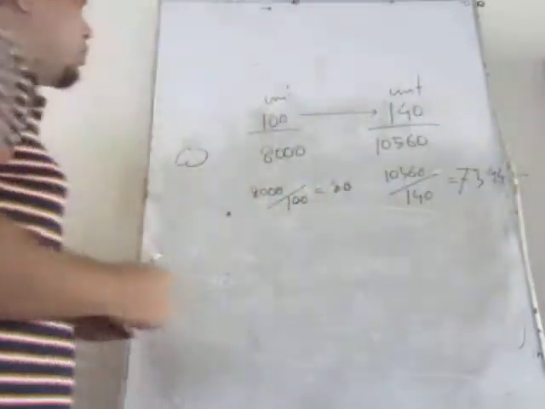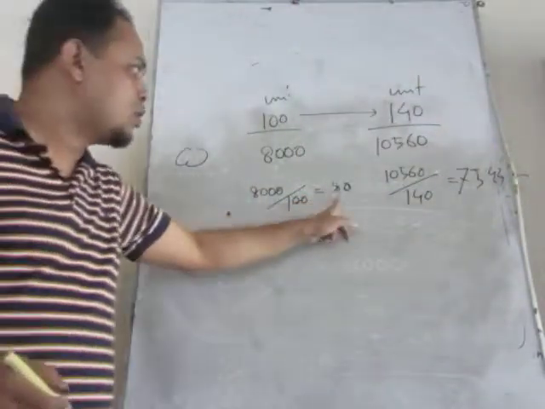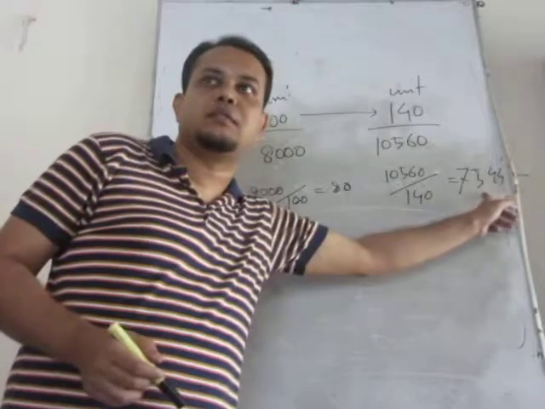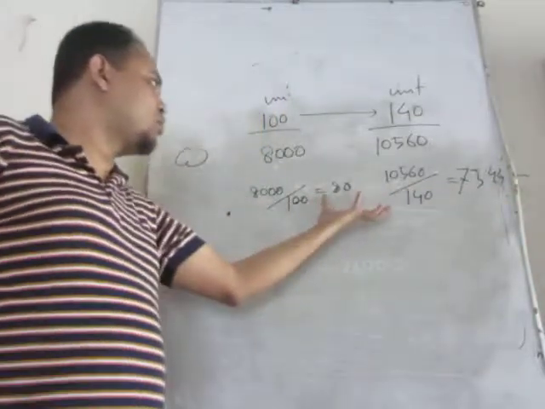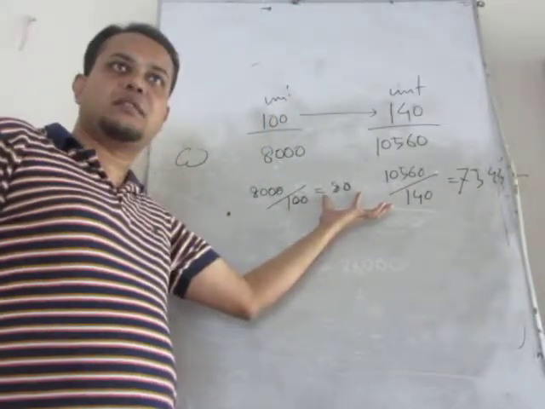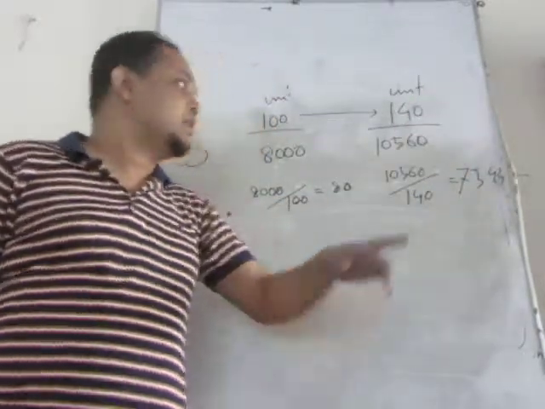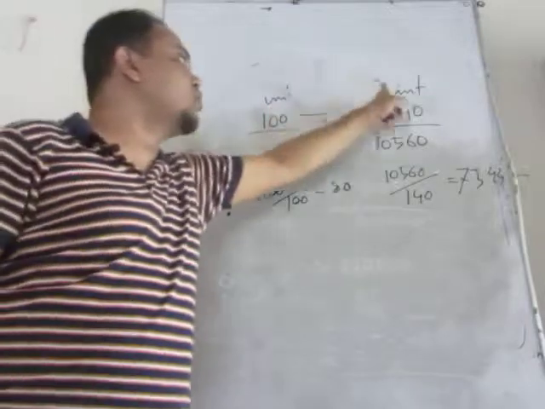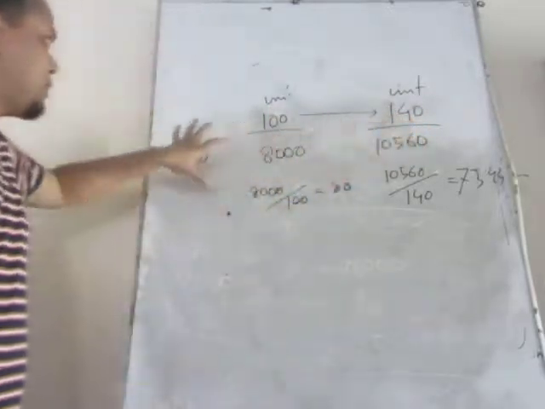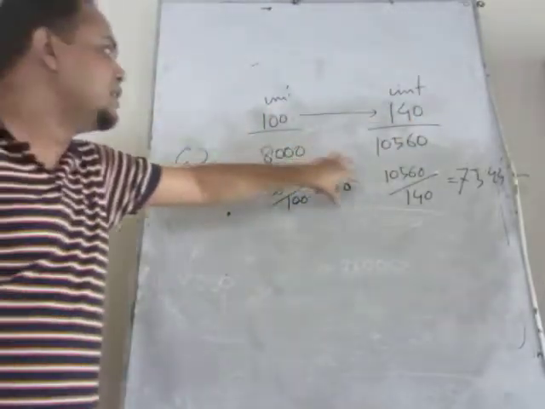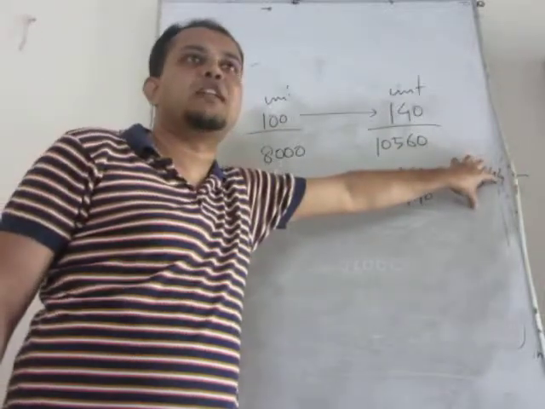Here, when you are finding cost per unit, the cost per unit is 80, but here the cost per unit has decreased to 75. That means when you are increasing your production, some specific kind of cost is reducing on a per unit basis.